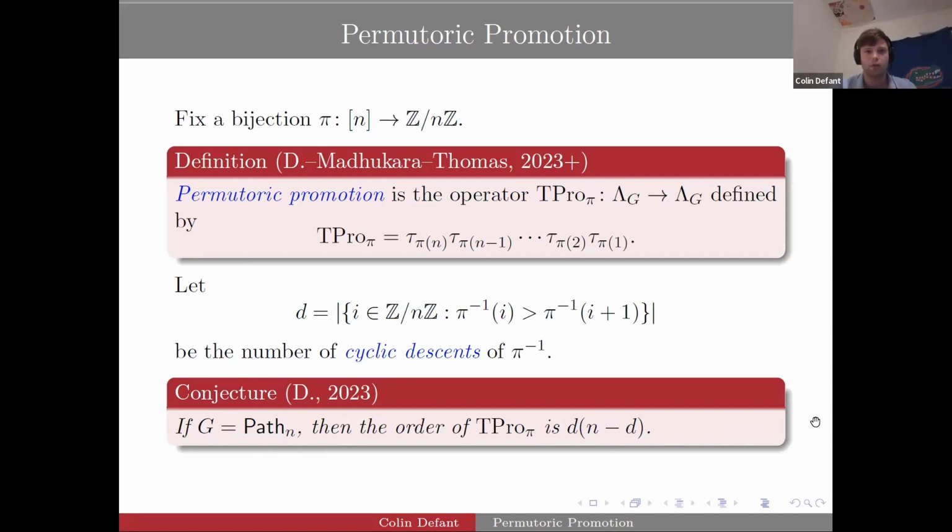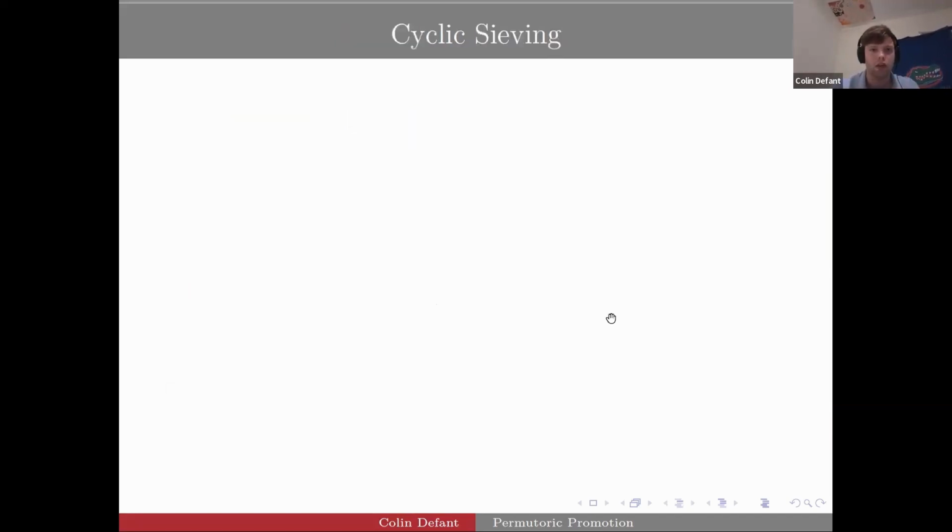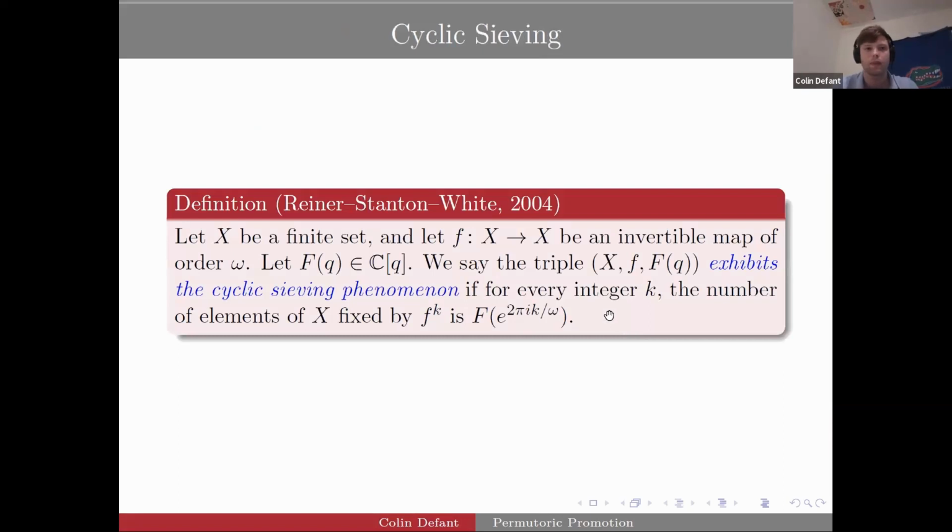But before I do that, let me discuss the cyclic sieving phenomenon. So this was introduced by Reiner, Stanton, and White in 2004. And they say, let's suppose X is some finite set, and F is some invertible map from X to itself of order omega. So this just means that omega is the least common multiple of the orbit sizes of F. And let's say capital F of q is some polynomial in the variable q.